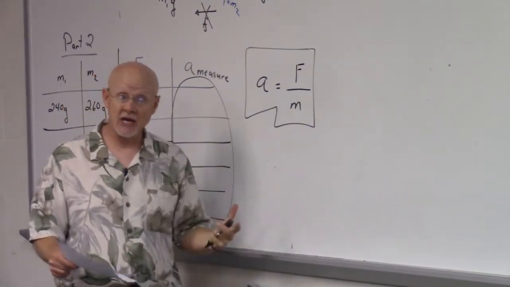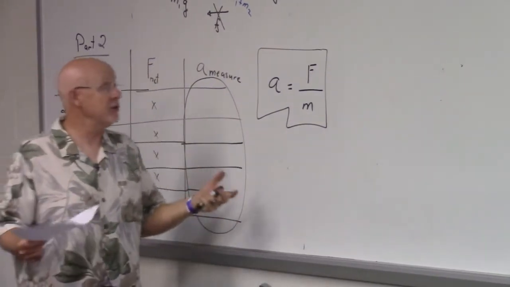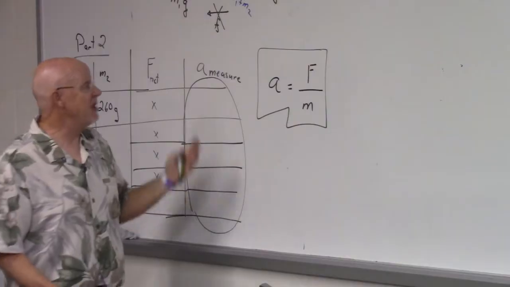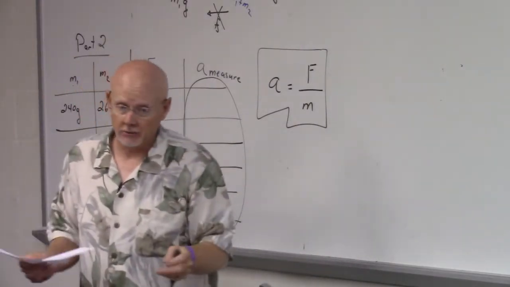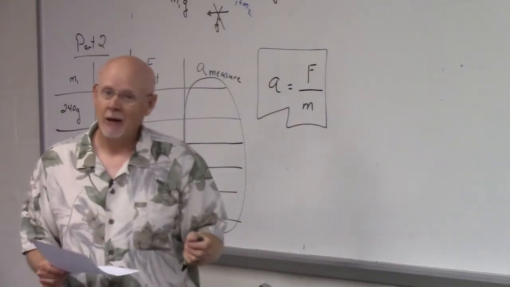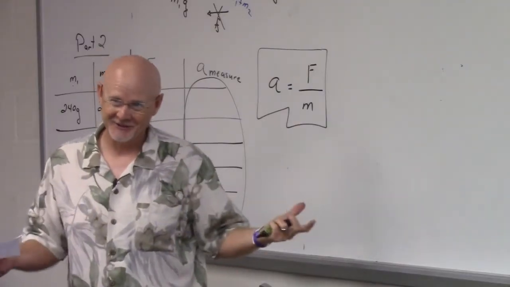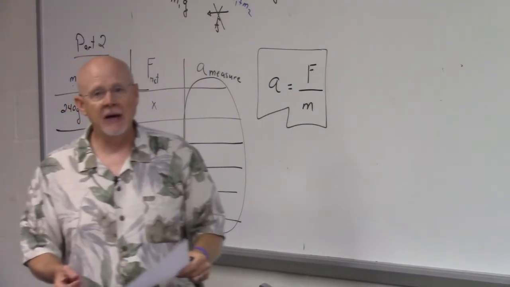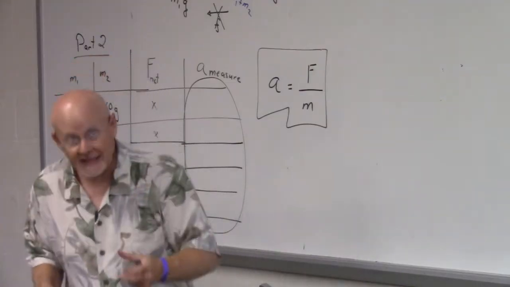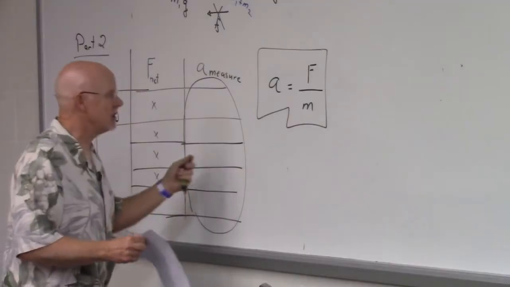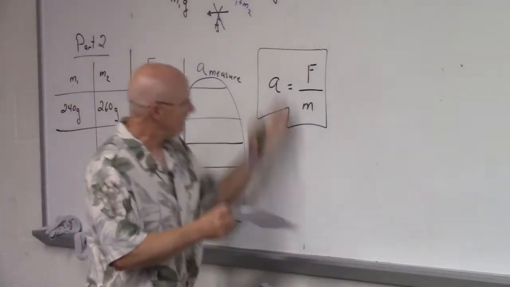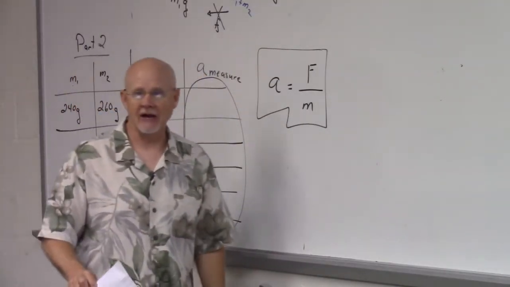And if the answer is yes, then hopefully I'll say, hey, Newton's second law is right. And if they don't match, I can say, Newton's second law is wrong. Or I did something wrong. Probably more like I did something wrong than Newton's second law is wrong. But hopefully I will do it right, and hopefully you will see that our measured accelerations do match the calculated values.